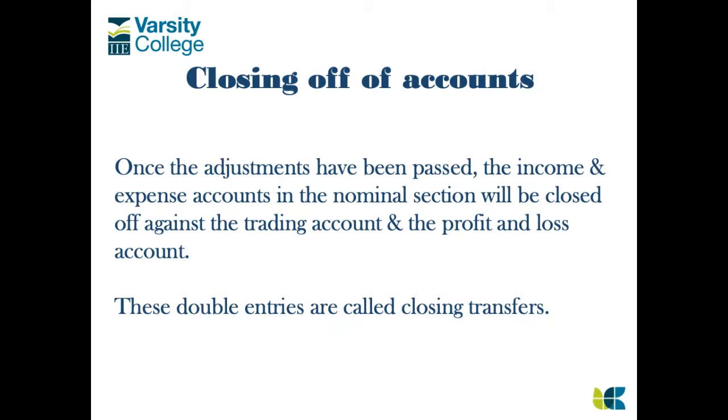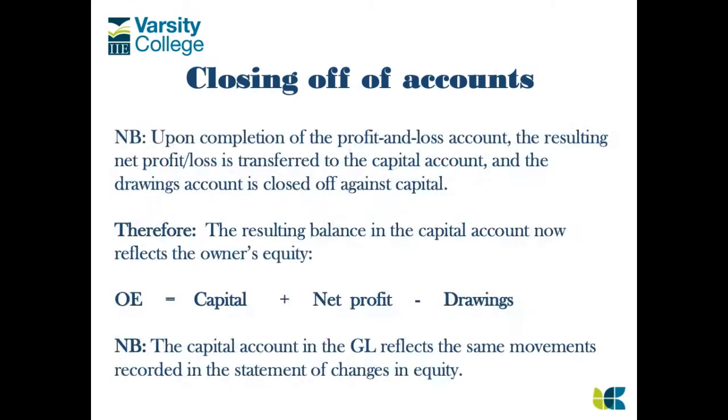Okay. So now here they're just talking to the closing off of accounts where we're doing all this stuff. So you can only close off your accounts after you've done all these adjustments, all these amendments of errors, and so forth. Right. Then here they're just speaking to the fact that after you've done all these adjustments and corrections and errors and you've closed off the books, your capital account now reflects the owner's equity.